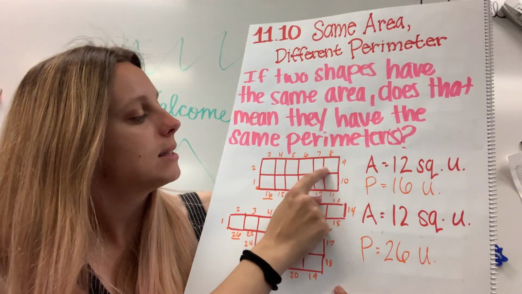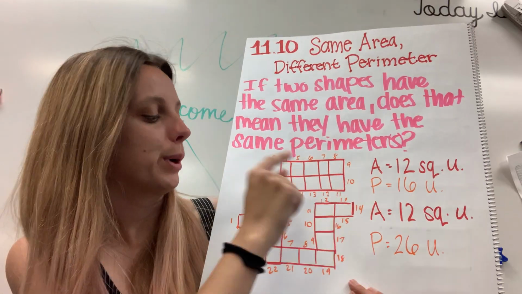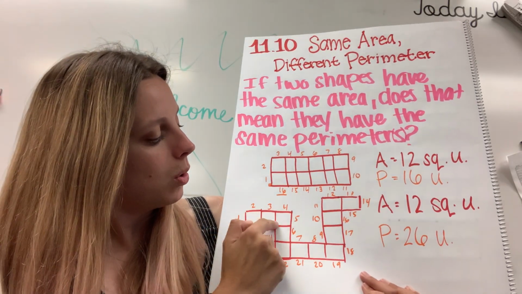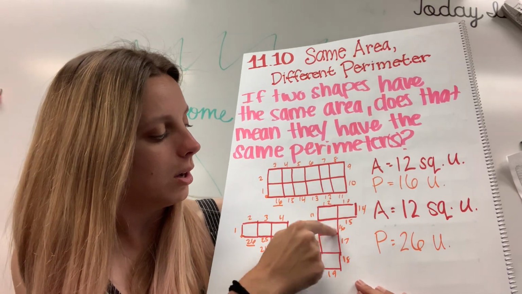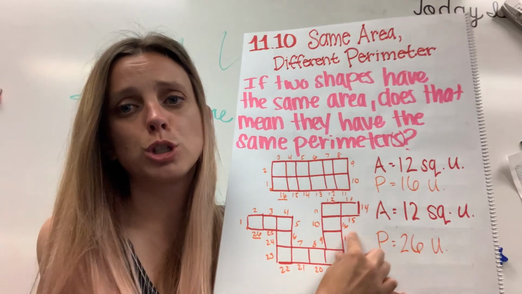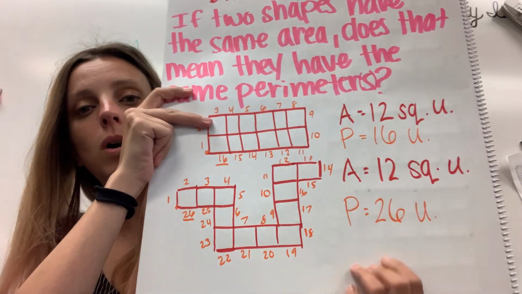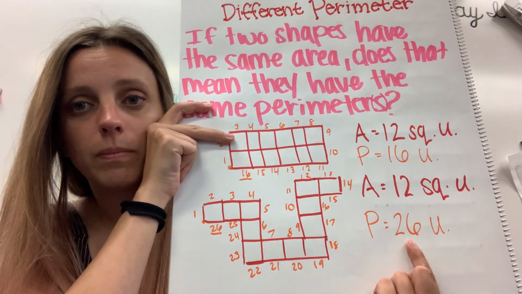Here, all of these sides in the middle aren't being counted in the perimeter, but here we have so many sides exposed on these unit squares. They're all showing because the shape is so skinny, and so our perimeter is going to be a lot larger.